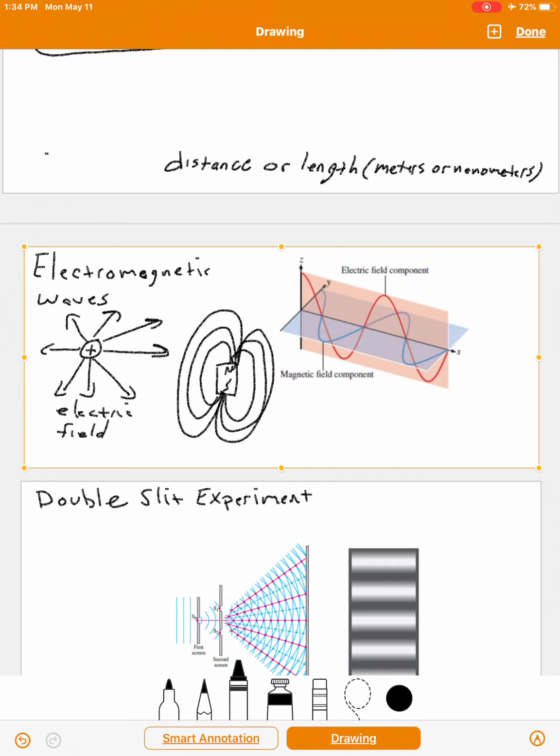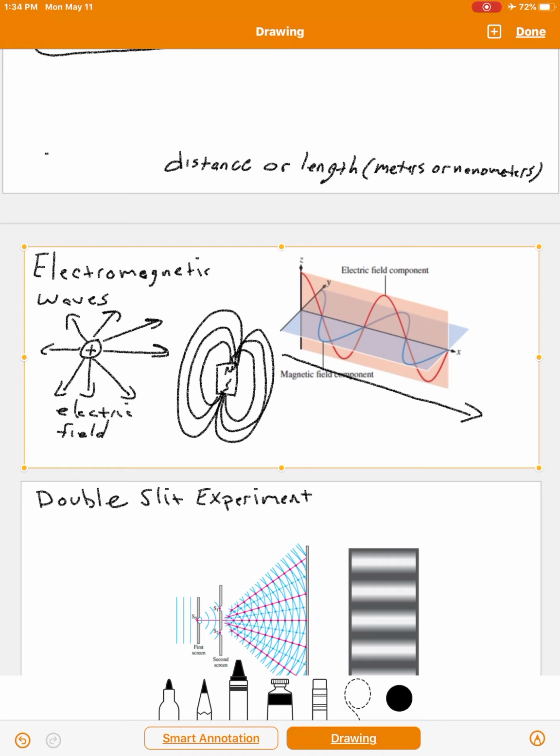So this picture here, this diagram, shows you in red the electric field oscillating, going up and down, up and down. The magnetic field in blue going up and down, up and down. But notice they're perpendicular to each other. So they oscillate perpendicular to one another. And then the electromagnetic wave propagates, meaning it moves in the x direction.